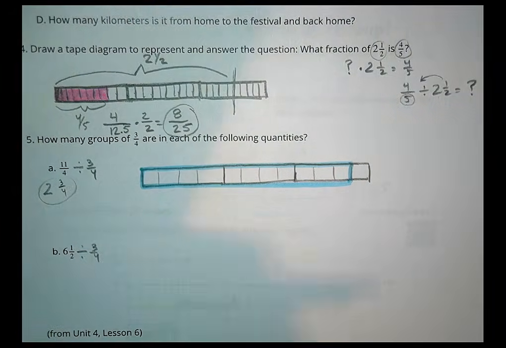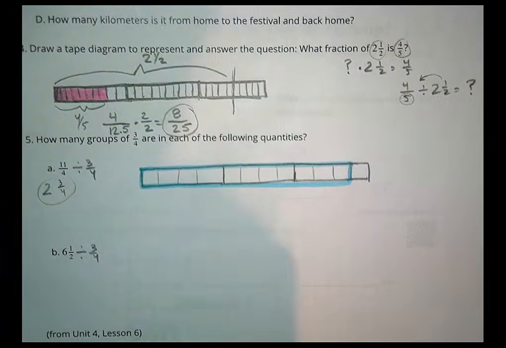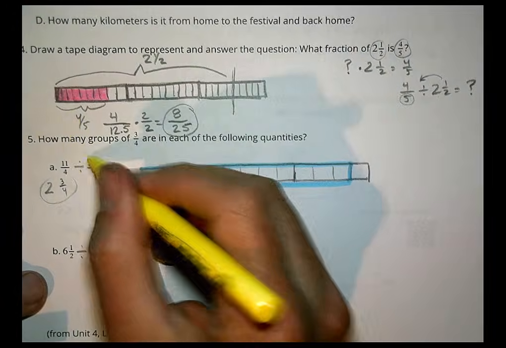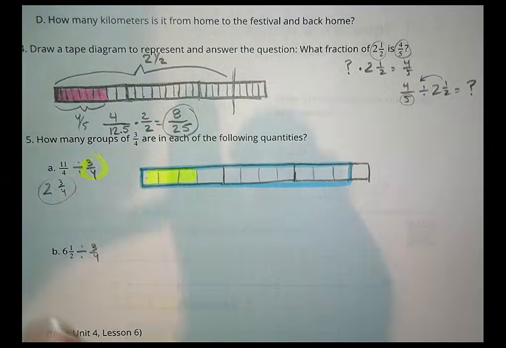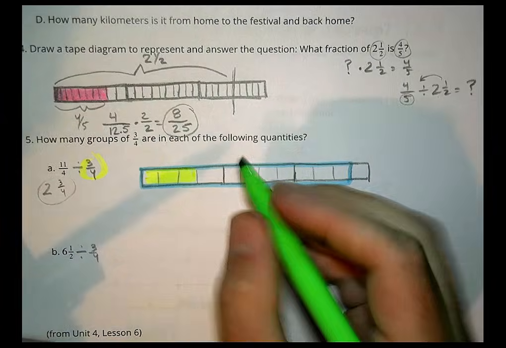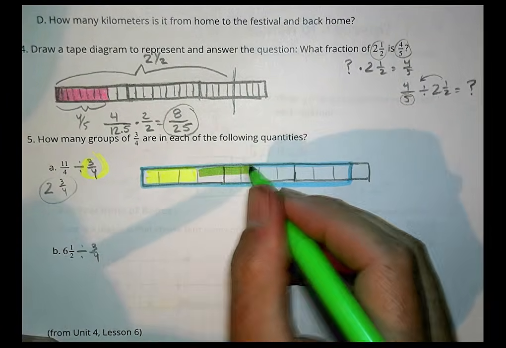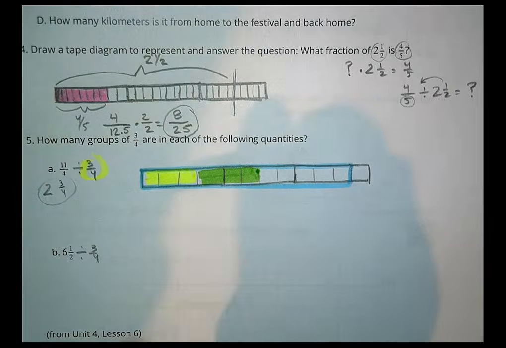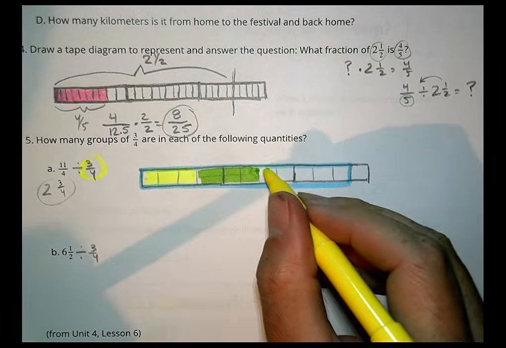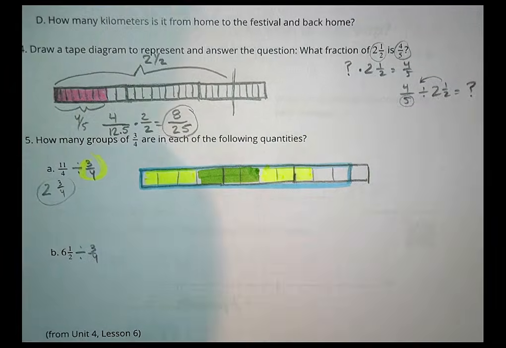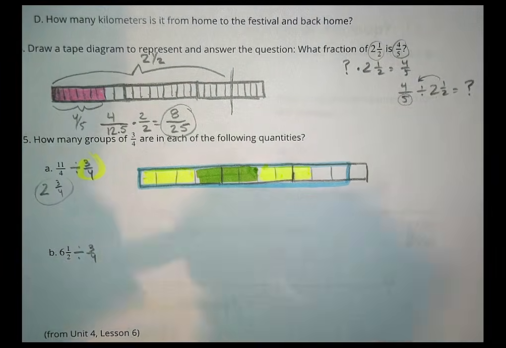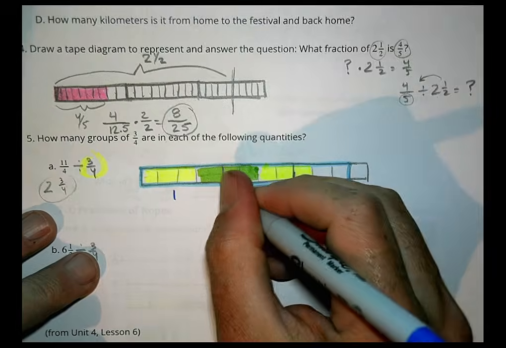And we want to know how many 3/4 are in there. So 3/4, we have 1 group of 3/4. We have 2 groups of 3/4. We have 1, 2, 3 groups of 3/4. So far we have 1, 2, 3.